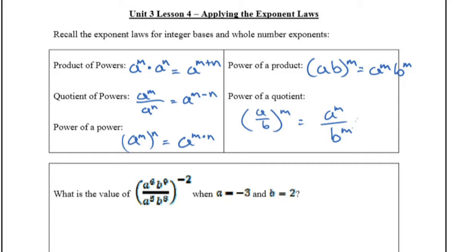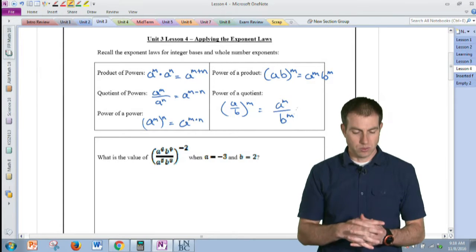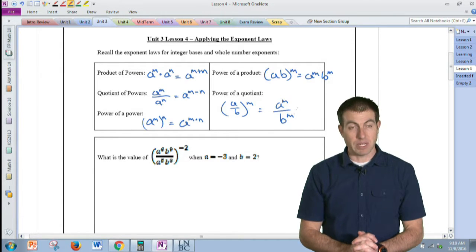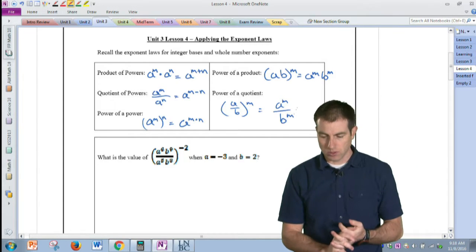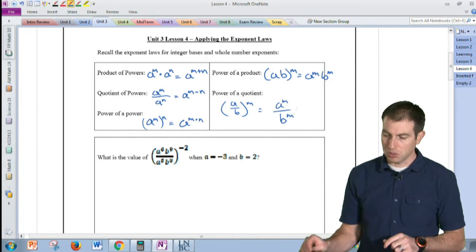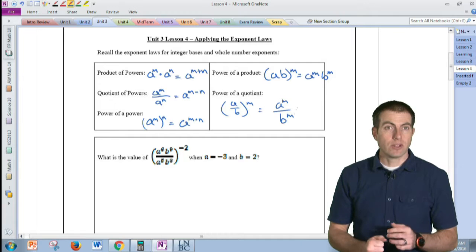So those are the exponent laws. You need to know them. They're not on your formula sheet. You have looked at them in the past. I believe in grade 9 you're introduced to at least the first 2. We did stuff with some negative exponents, rational exponents. That would be the new material for grade 10.